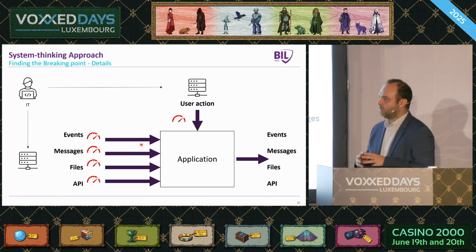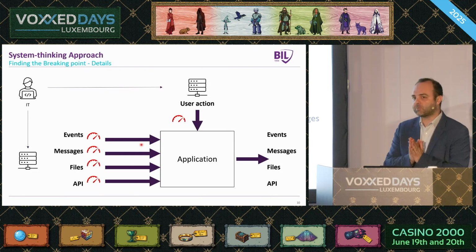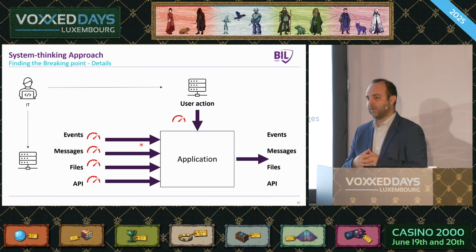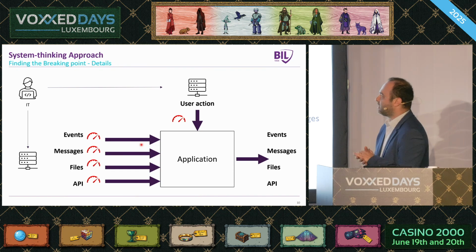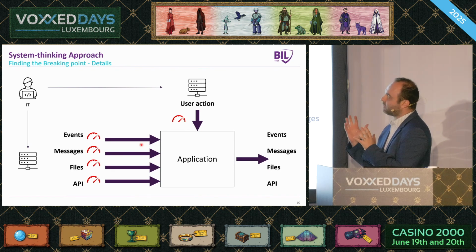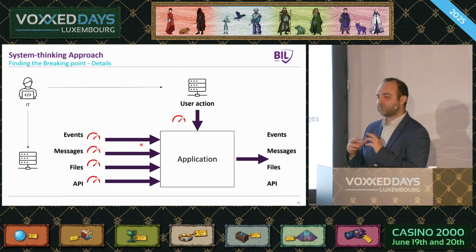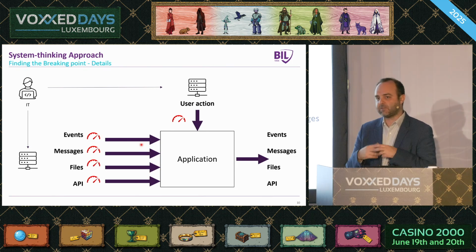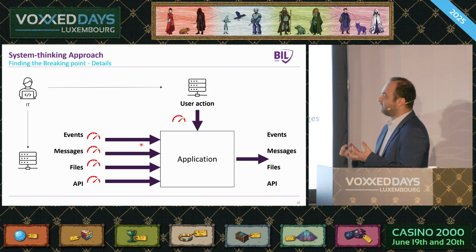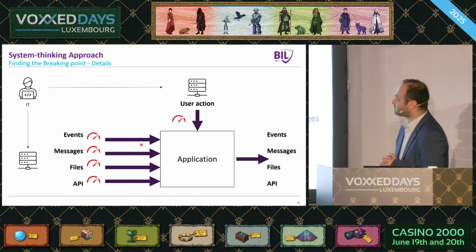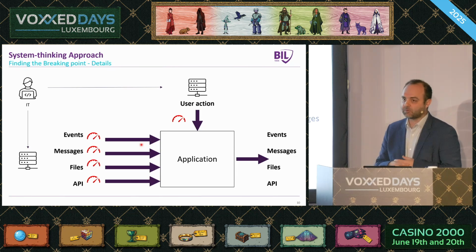Once you have the complete picture of the breaking point for all these inputs, you know you have stressed the application enough that you know where the interaction between all the inputs is. And you do that also for the user actions.